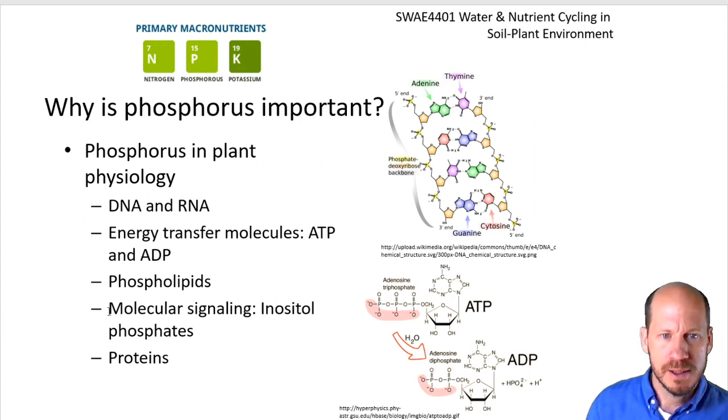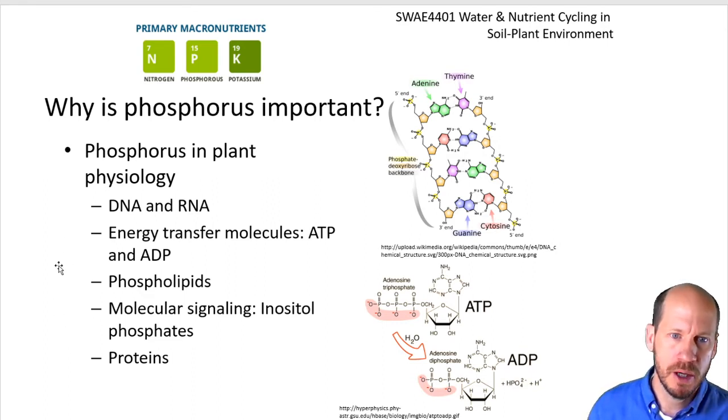There are molecules, such as serine, that are phosphorylated and dephosphorylated, and that makes the information of what the extracellular environment of the plant is be transmitted to what genes the cell should be expressing. So there's a lot of molecular signaling involving phosphate molecules.